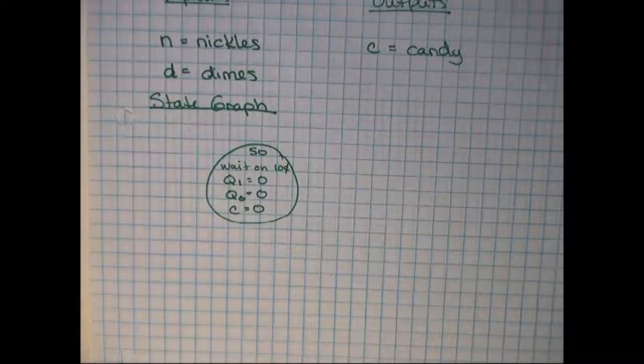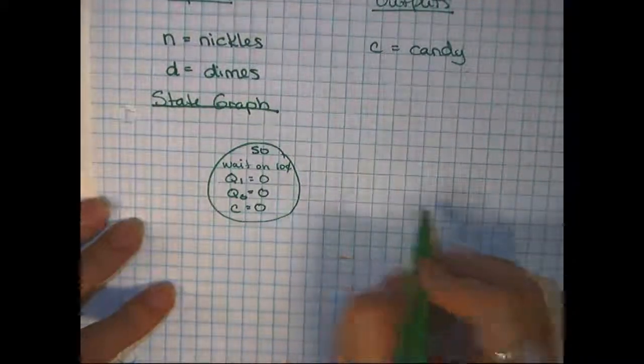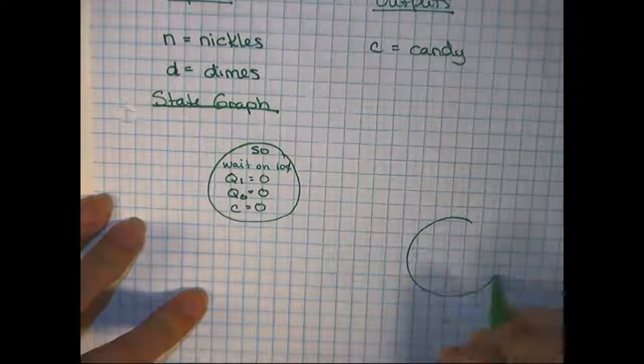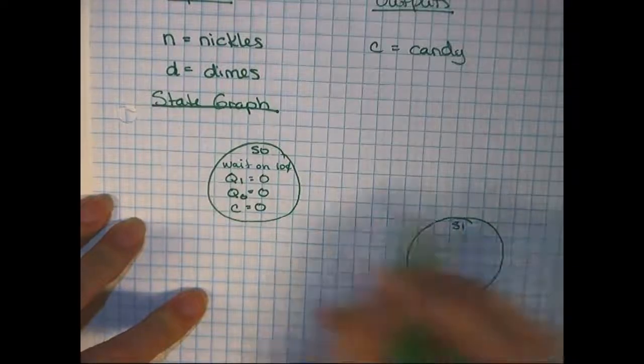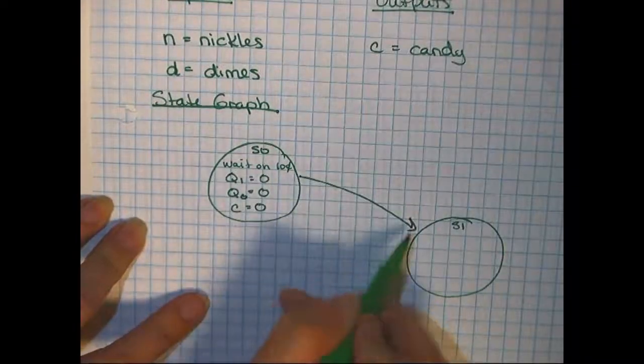Okay. So then, what could happen? We could put in a dime, but let's put in a nickel, because a nickel will take us to state 1. So we're going to connect these with arrows like this.